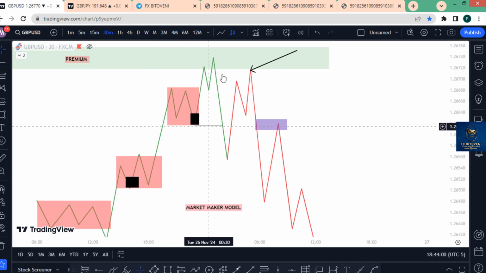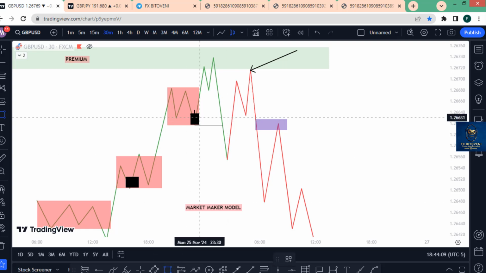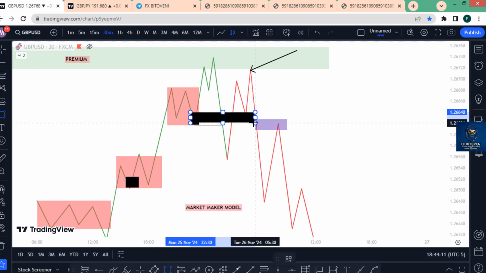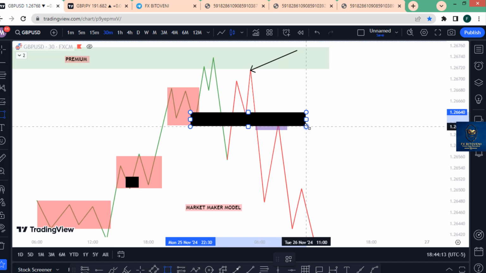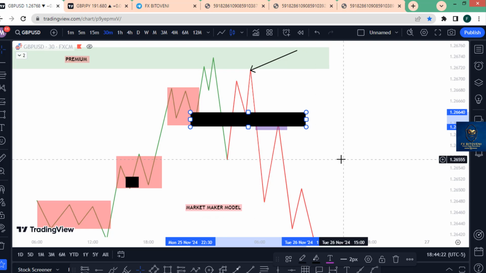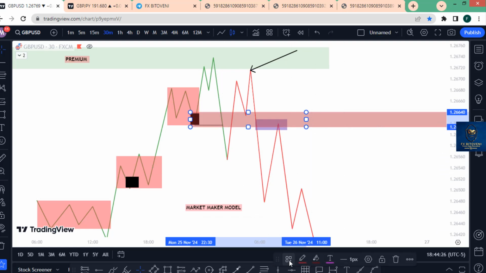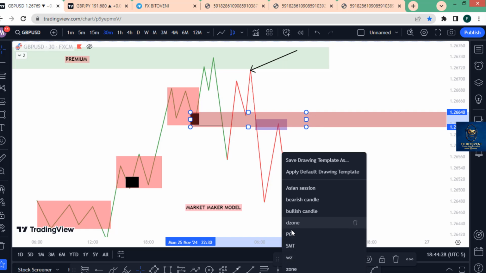As price comes back to look for this imbalance resting here, you also mark this mitigation block as a zone.